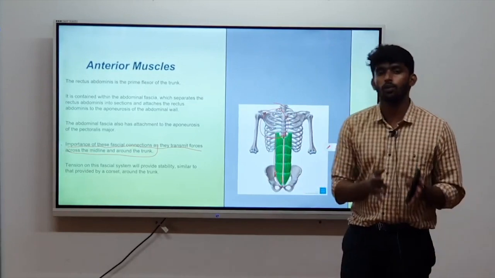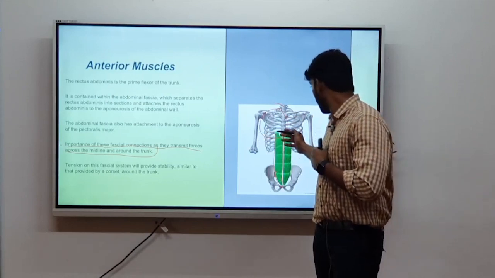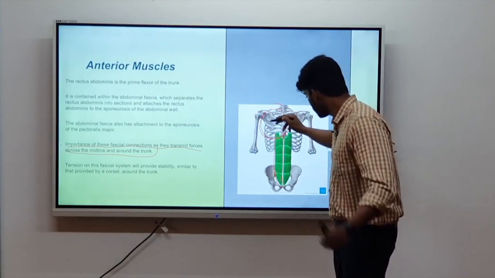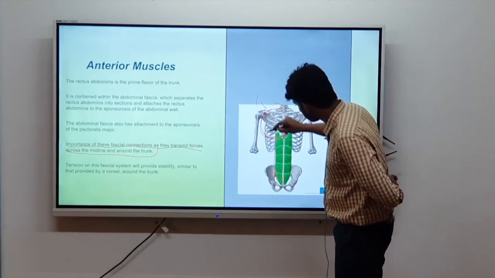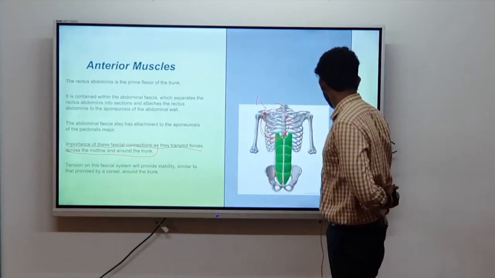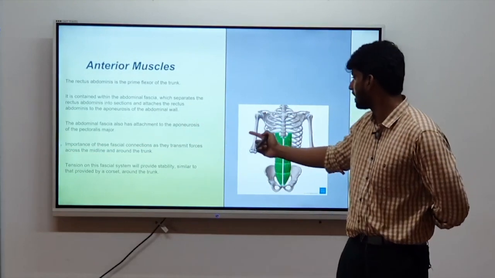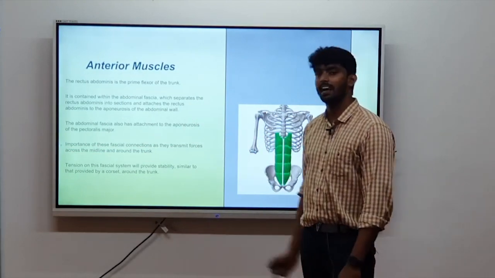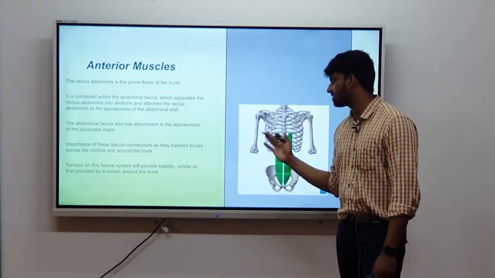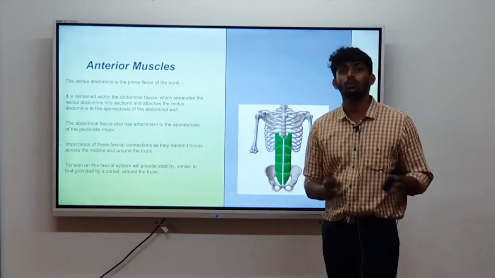This is just for your knowledge. When a person is bowling and the pectoralis major is activated, that muscle torque will be transmitted towards the abdominal muscle or the trunk through this connection. That's why I underlined the point. The tension of this fascial system will provide stability similar to that provided by a corset around the trunk.